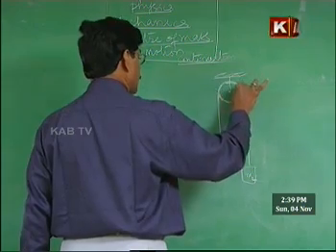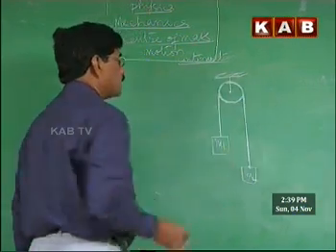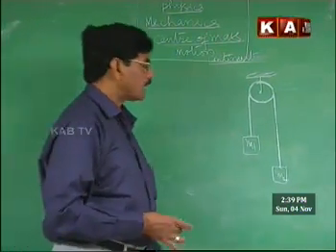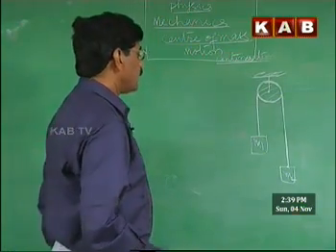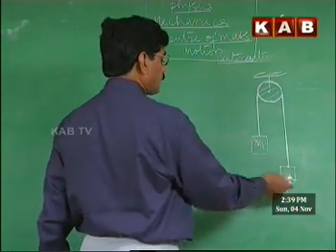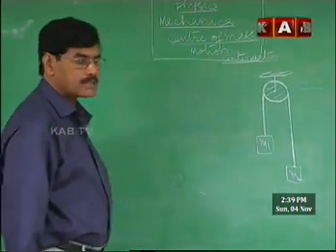Two ends of the string are connected to these two blocks, and the pulley is assumed to be small, smooth, and light. Therefore, the pulley mass is negligible. In this case, the blocks will be accelerating, and how do we calculate the acceleration of the center of mass?